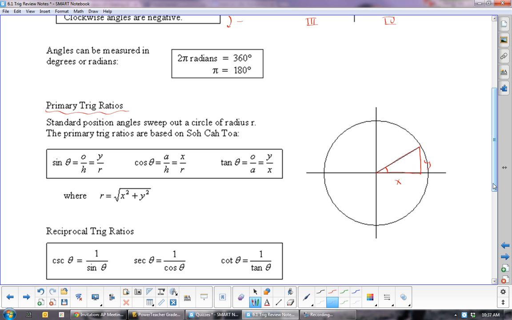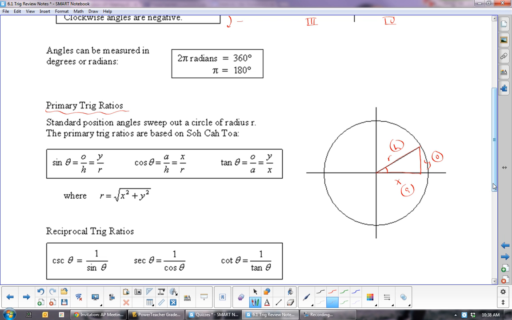So it follows along with SOHCAHTOA: sine is opposite over hypotenuse. Cos is adjacent over hypotenuse. And tan is opposite over adjacent. Those correspond with y over r, x over r, and y over x.